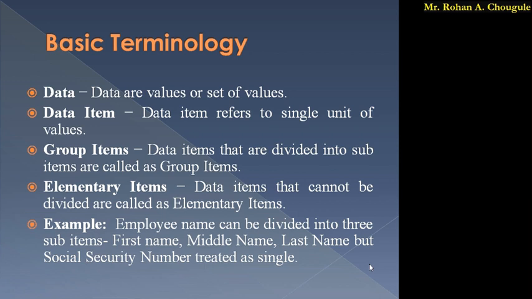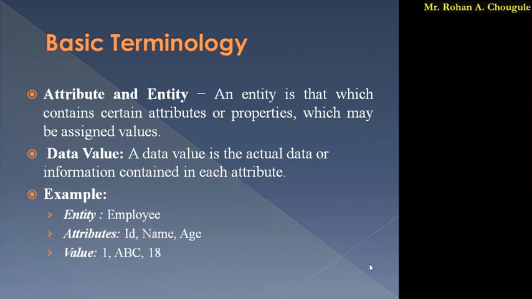So simply, data items that we can divide into sub items are called group items, and elementary items are items that we cannot divide into sub items. So we have seen the example of employee name as a group item and social security number as an elementary item.